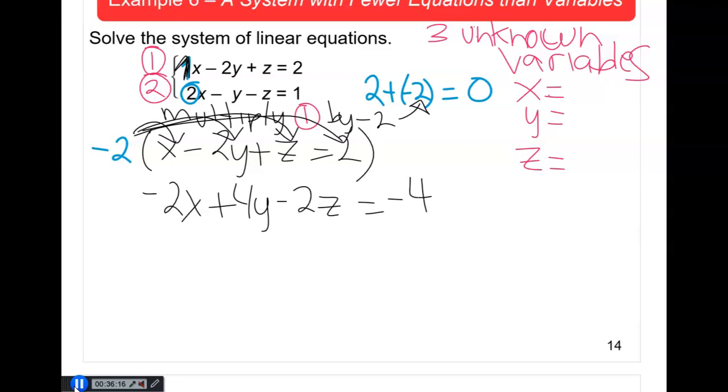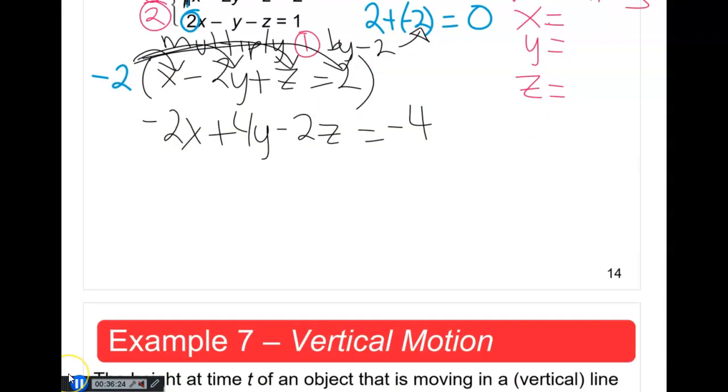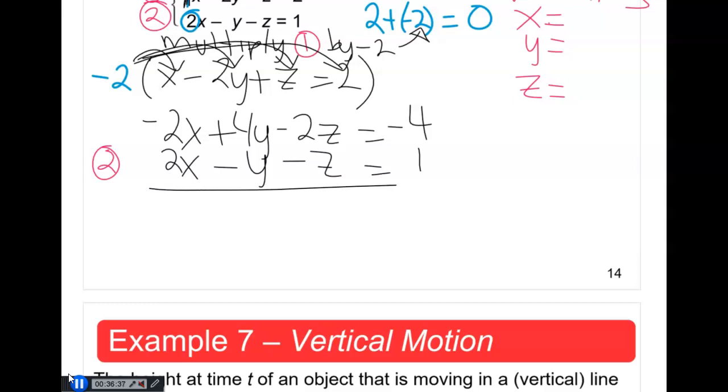Now I'm going to rewrite here equation 2, which is positive 2x minus y minus z equals 1. That's equation 2. I'm going to add them now vertically.